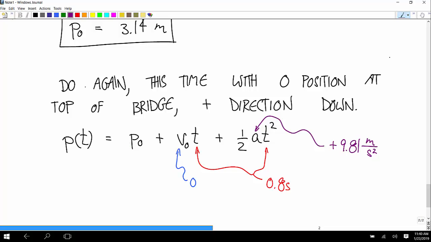What's our P0? This time our 0 position is where it's released from, so that is P0. And so this time we know this one. And what's P of t? What's the position at 0.8 seconds? We don't know that. This is what we're trying to calculate this time.